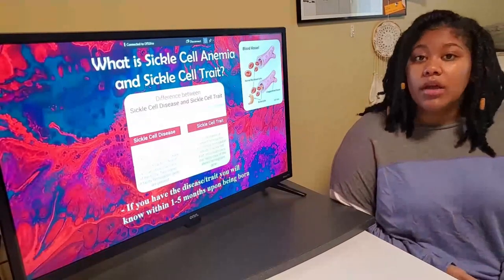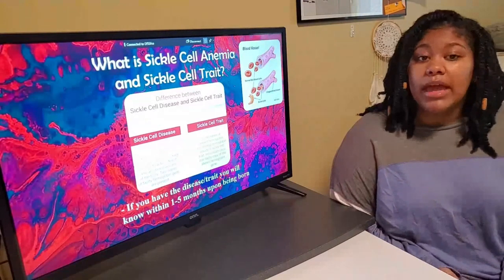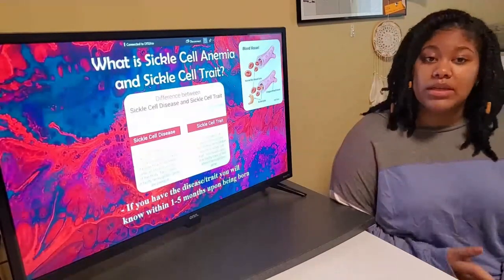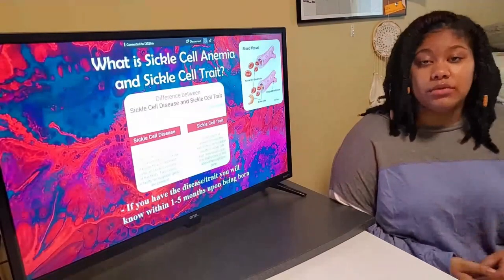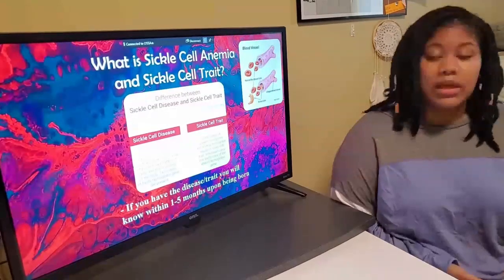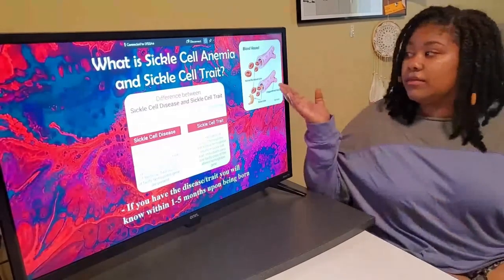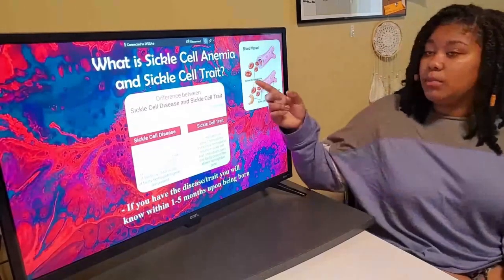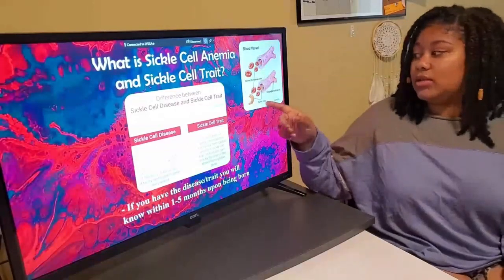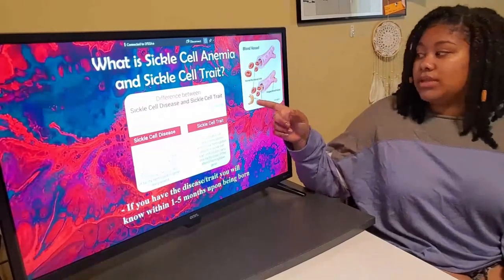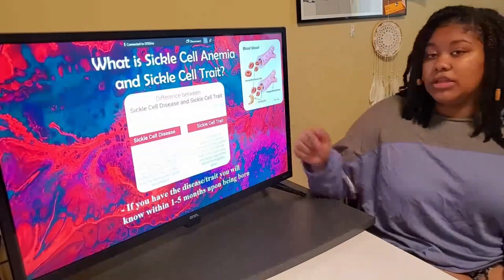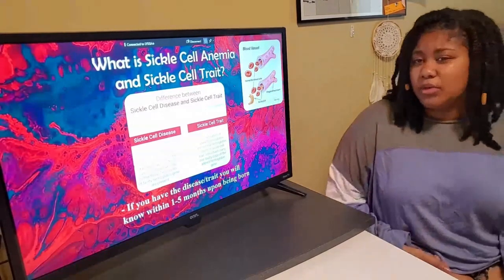Whereas with the sickle cell trait, you have both abnormal and regular blood cells, and they flow through your body more easily. And as you can tell from the photo up here, this is what normal red blood cells look like, and these are what sickle cell blood cells look like, which are croissant shaped or maybe crescent moon shaped, you could say.